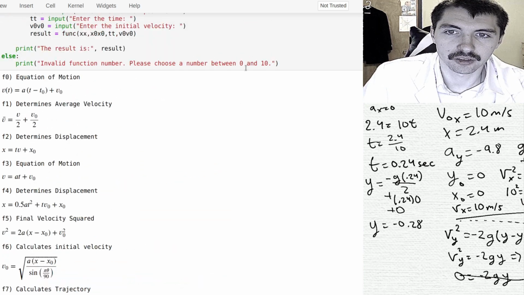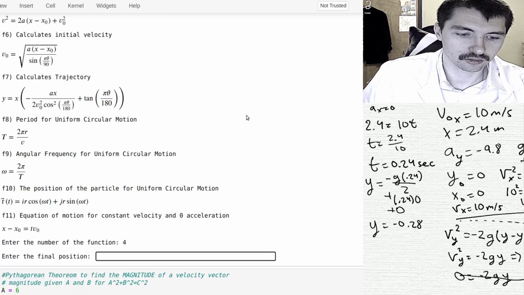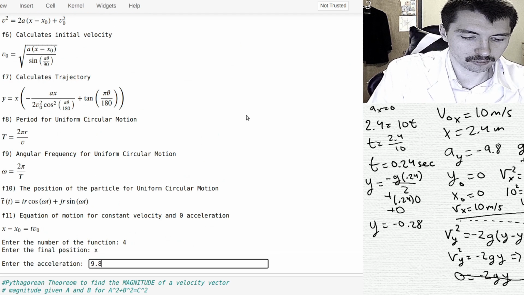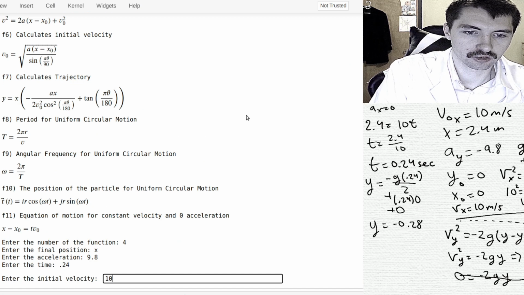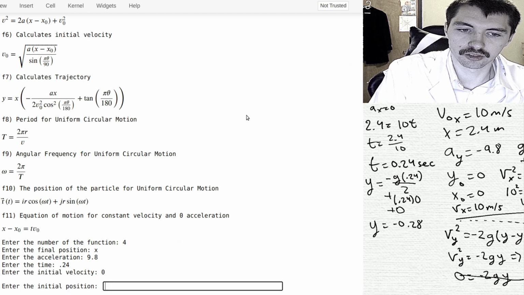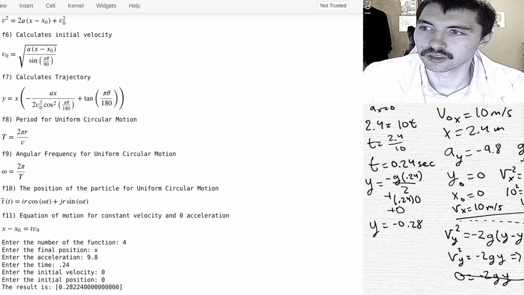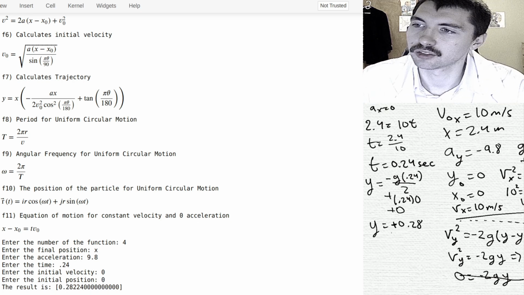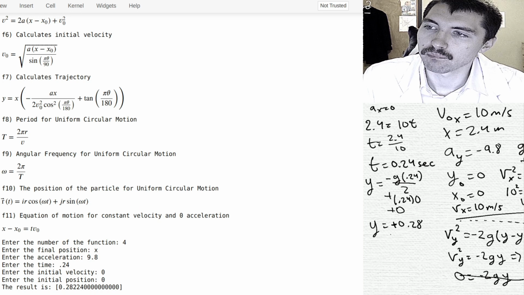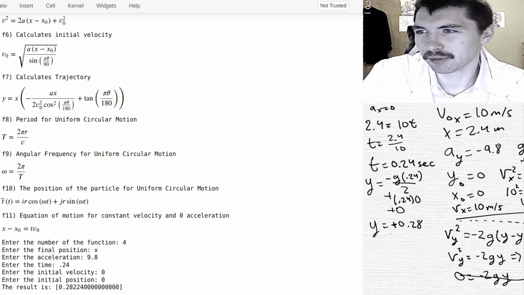Okay, and I messed up. 4 times 9.8 times 0.24, yeah, so we're getting 0.28. Well, maybe it is negative 0.28.